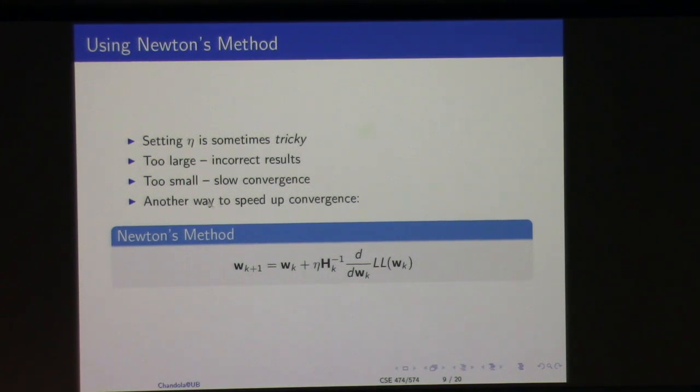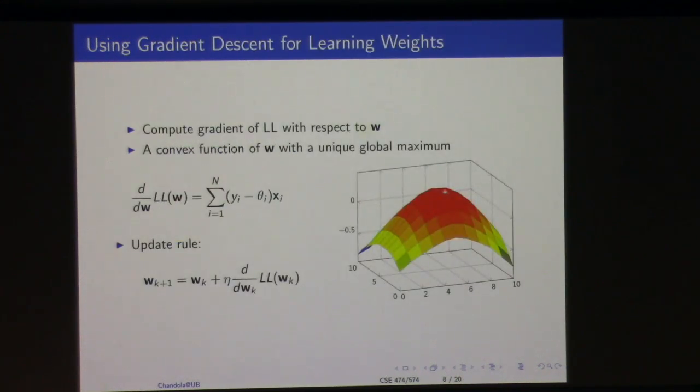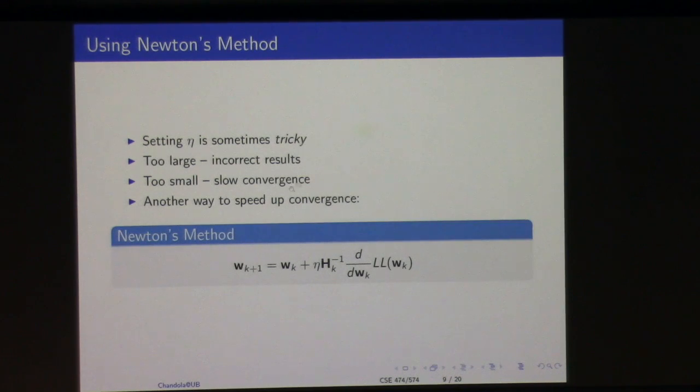If you want to make it better, better in the sense it should reach the right answer, and it should also reach it fast, right? So essentially, I want to reach the top, and I want to reach it fast, right? That is where setting eta becomes tricky, because if you set eta to be large, there is no guarantee you'll reach the top. You might jump over it. And if you set it too small, then you'll reach very slowly, right?